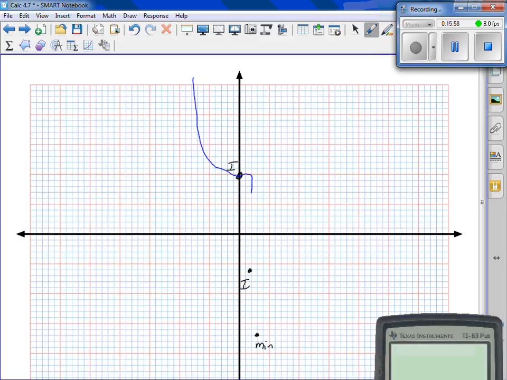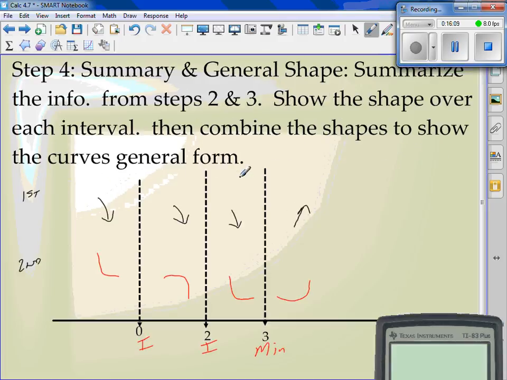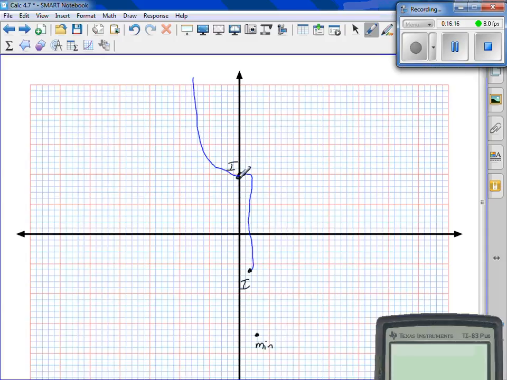So it's going to hit another inflection point, which is way down there. Then it's concave up. So it curls this way. And then that's the minimum, so it just curls up. My dots are really small, so it makes the graph really stretched out. Yours is probably going to look a little bit different than mine and probably a little bit neater. This is the general shape.